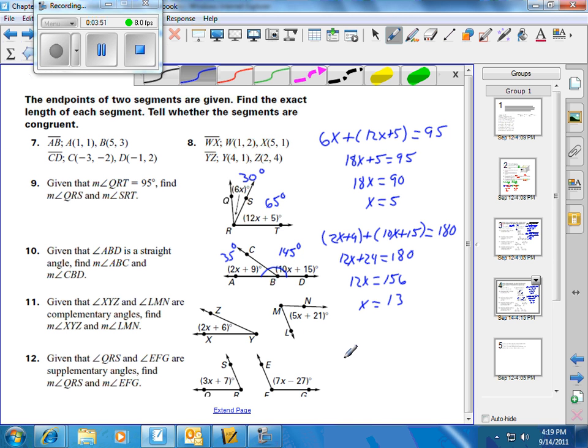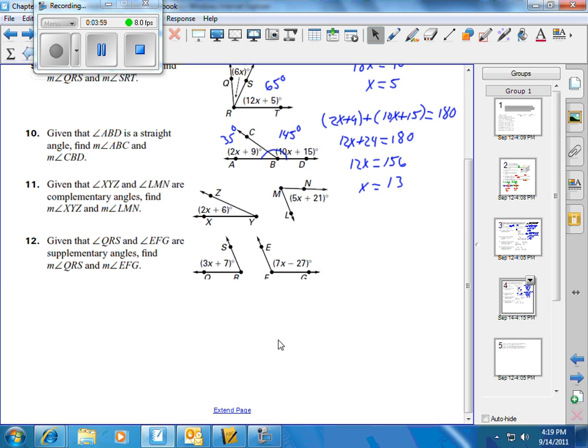All right? And then looking at number 11, it's given that the measure of angle XYZ and angle LMN are complementary angles. That means they add up to 90. Find the measure of XYZ and LMN. So these two angles add up to 90. So we can set up an equation where the sum of these two expressions is equal to 90.